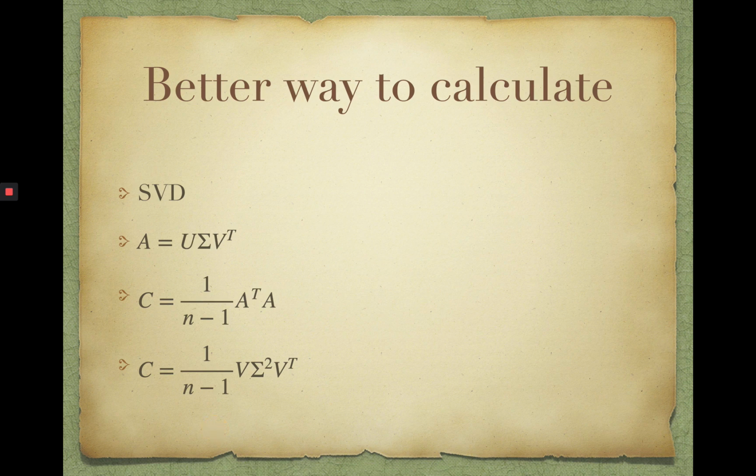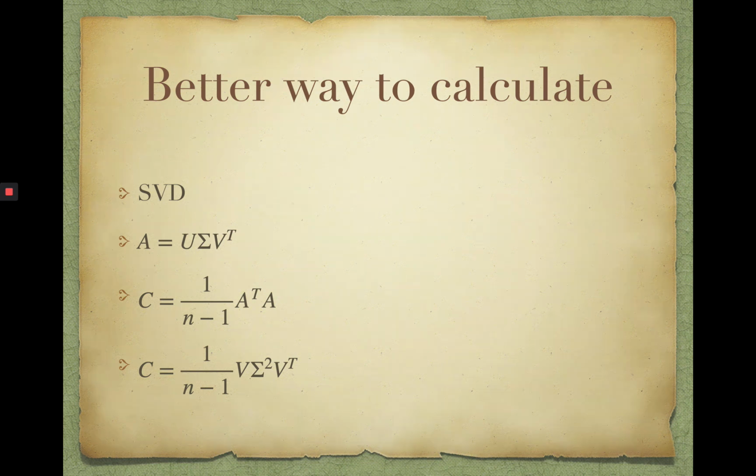So a better way to calculate is using what's called the singular value decomposition. This is going to be used a lot by us, so it's at least good to know that it exists. It's kind of an extension of the eigen decomposition to non-square matrices.